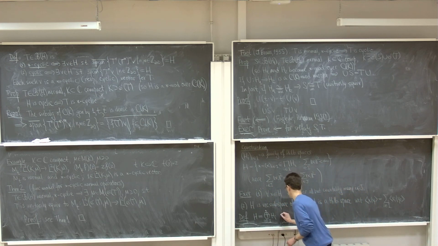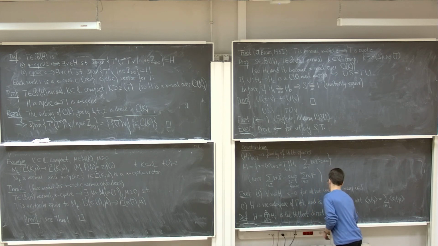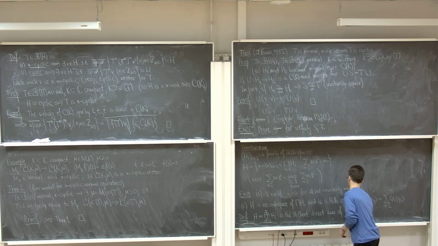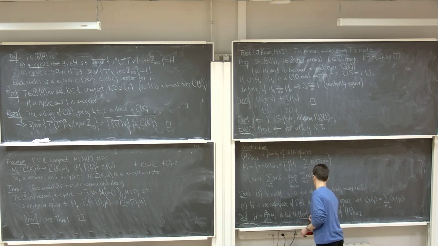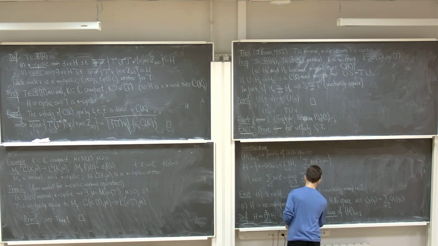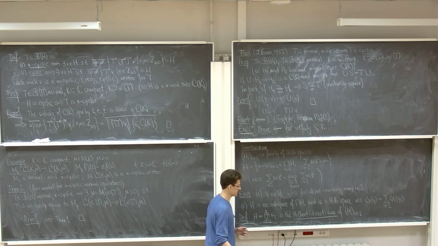And this is called the Hilbert direct sum of the family H_i. Or sometimes we just say the Hilbert sum. Usually this doesn't lead to any confusion.